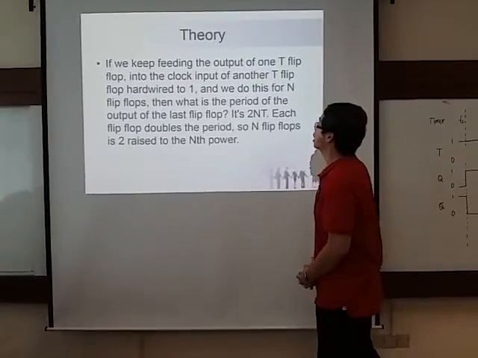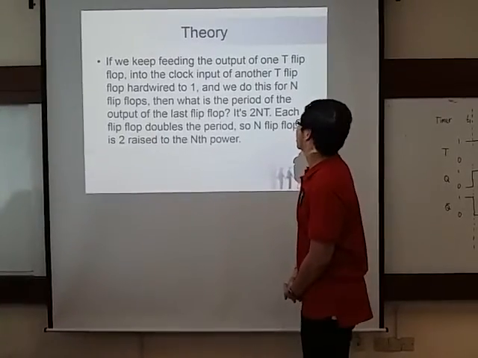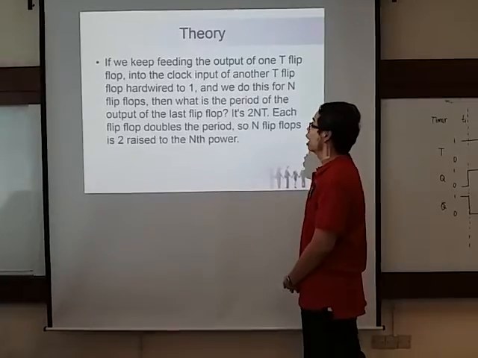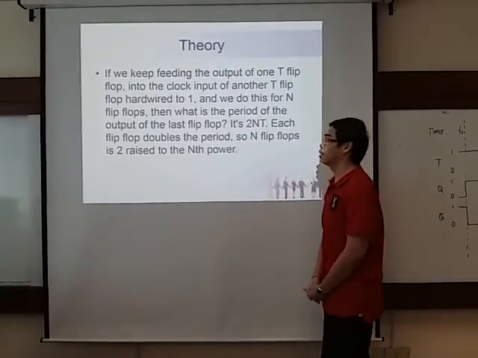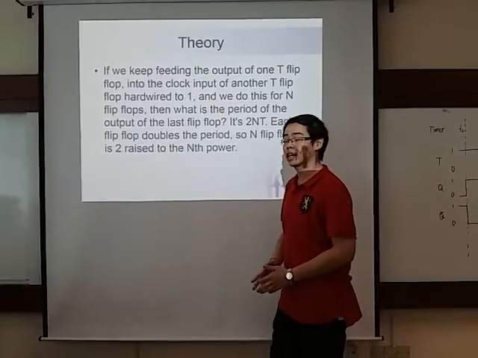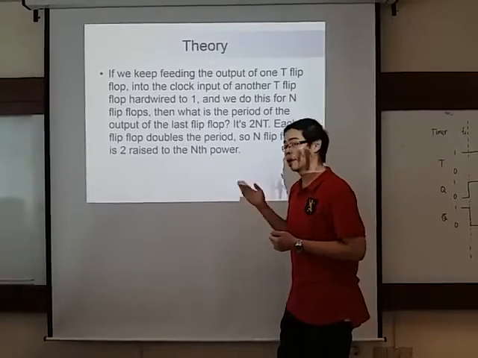So if we keep feeding the output of one T flip-flop into the clock input of another T flip-flop, with the input hardwired to 1, and we do this for n flip-flops, then what is the period of the output of the last flip-flop? Just now we only connected one flip-flop to another flip-flop, so the frequency is divided by 2.